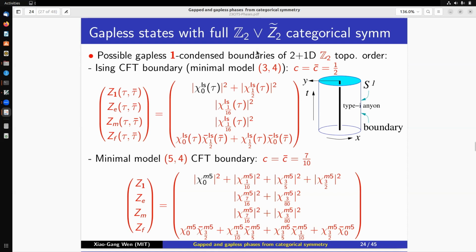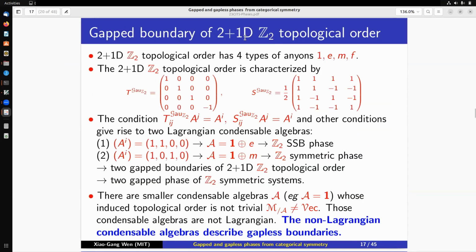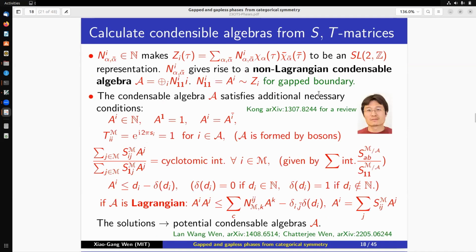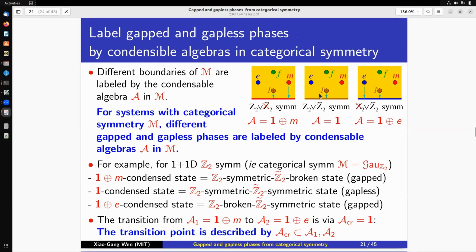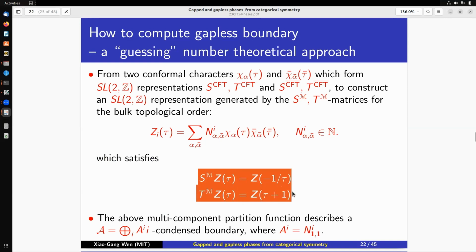So now let's consider this Z2 symmetry transition. Going back to this Z2 example, we have 4x4 matrices. Using these two 4x4 matrices, we try to solve this equation using the guessing method to see what result we get.